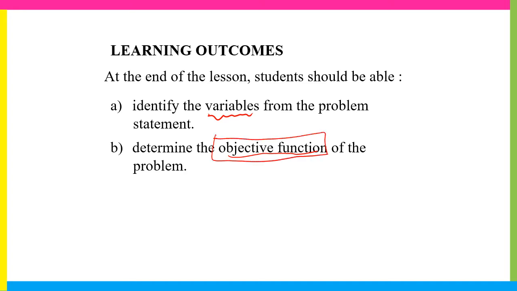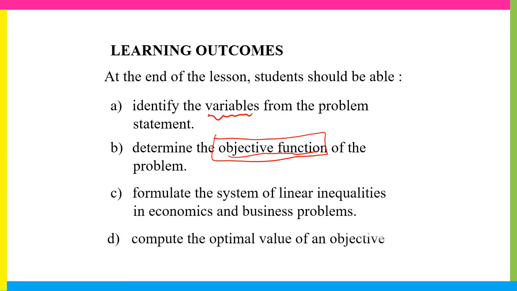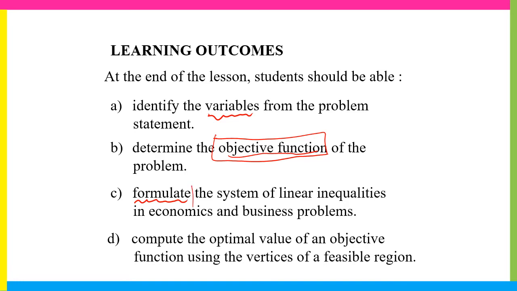You need to know what is the objective function. And then formulate the system of linear inequality. So you need to formulate what are the system of linear inequalities from the problems. Lastly, compute the optimal value of an objective function using the vertices of the feasible region.